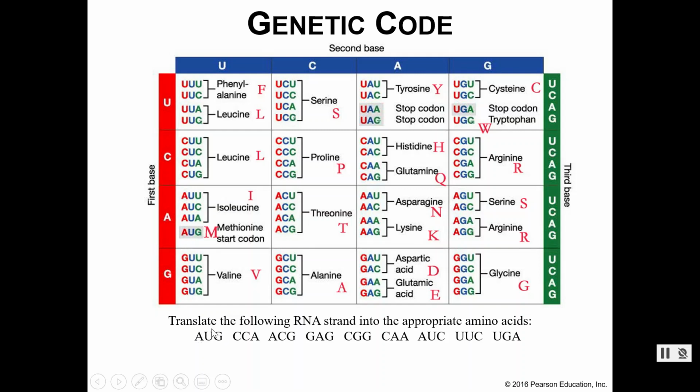So you will notice AUG. I did mention that that is our start codon, but let's make sure we could find it on our chart anyway. We have 3 letters, and we have 3 sides: first side, second side, third side to our table. We start with our first letter, A, on our first side.